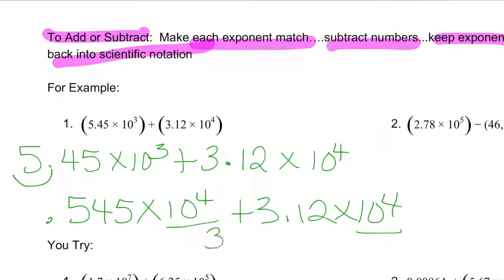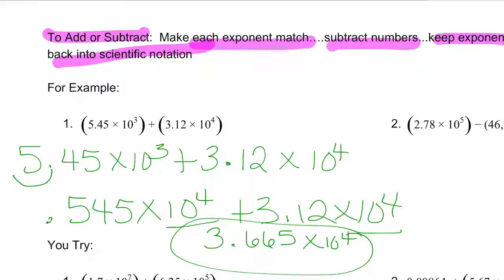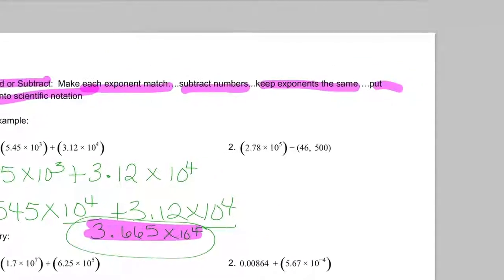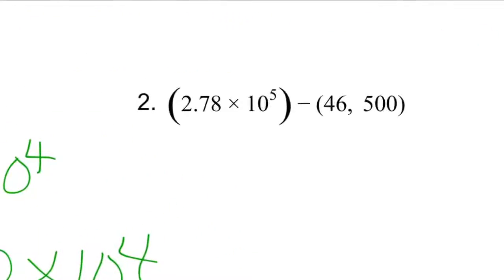So our final answer is 3.665 times 10 to the fourth. Okay, that would be our final answer. When you're adding and subtracting exponents, you must have like terms. Okay, so let's take a look at this next one.